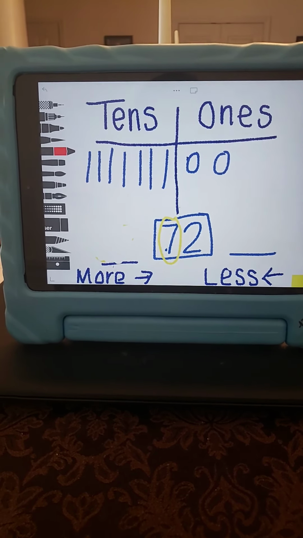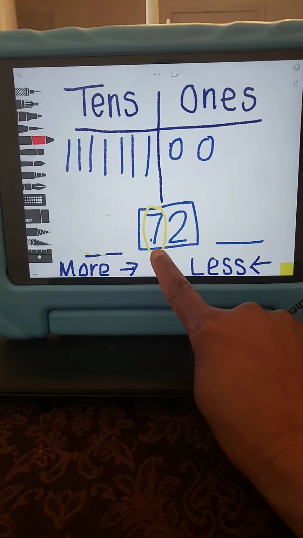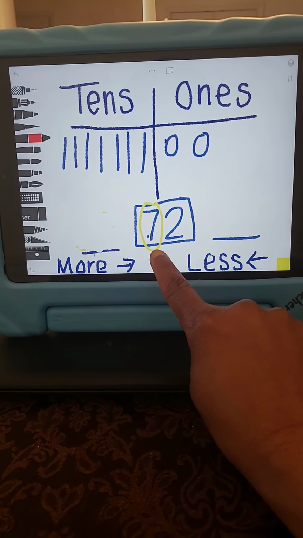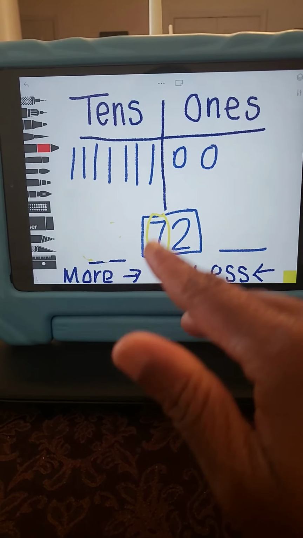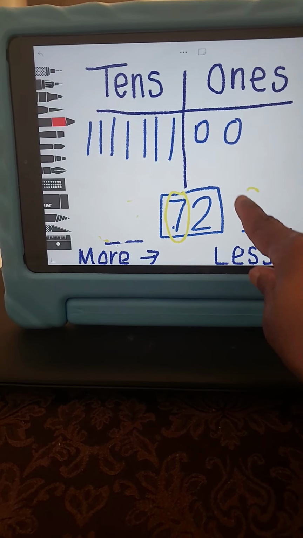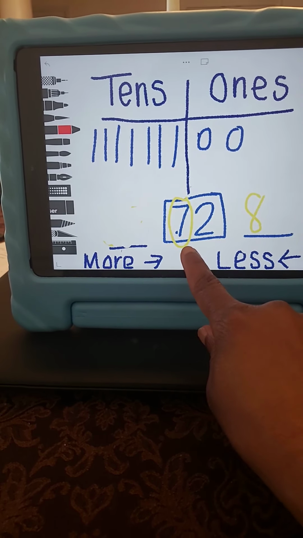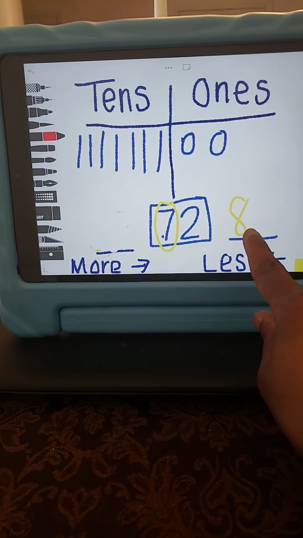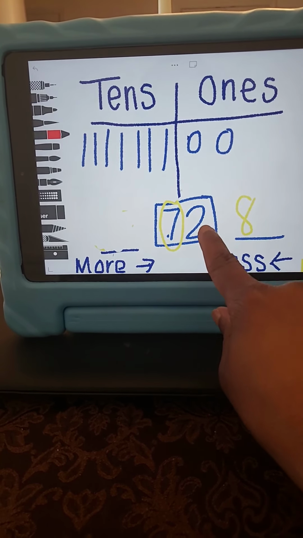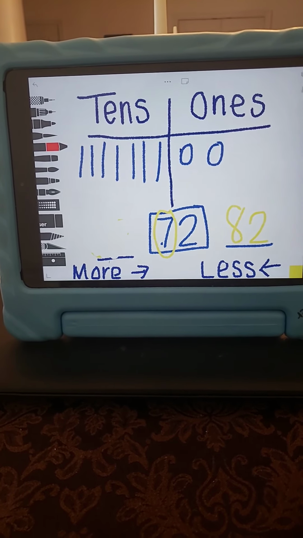So let's do more again. Boys and girls, what number comes after 7? 1, 2, 3, 4, 5, 6, 7, 8. So that 7 went up to an 8, and my 2 stays the same, okay?